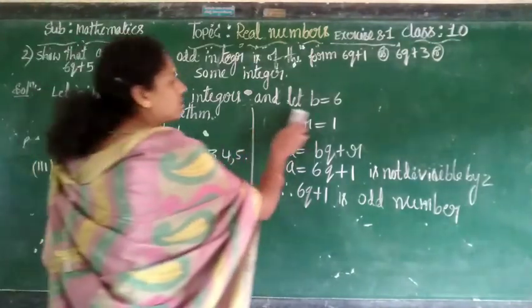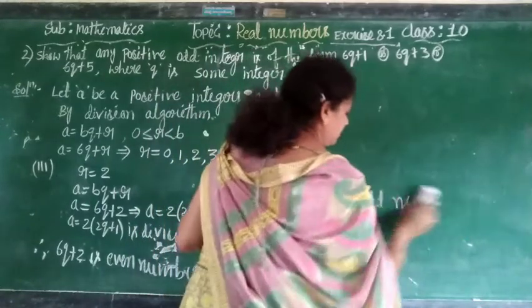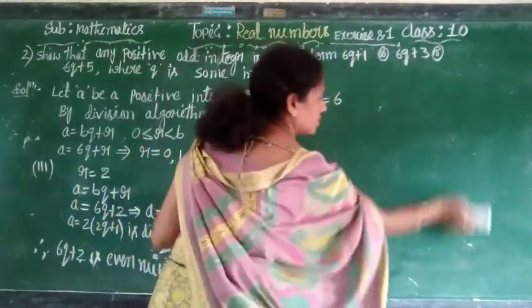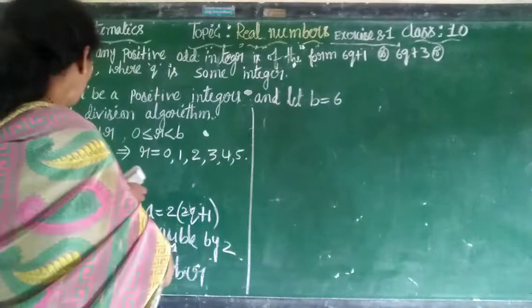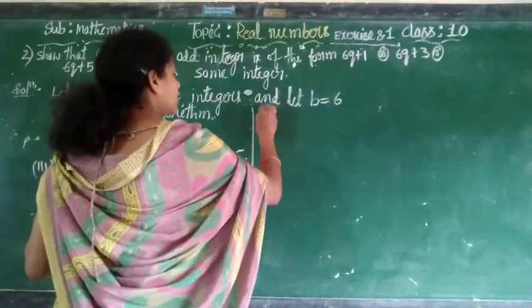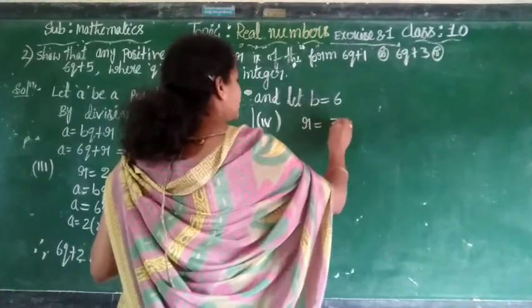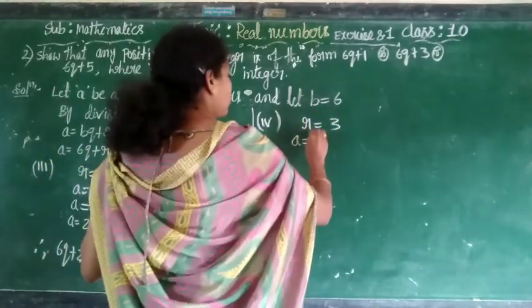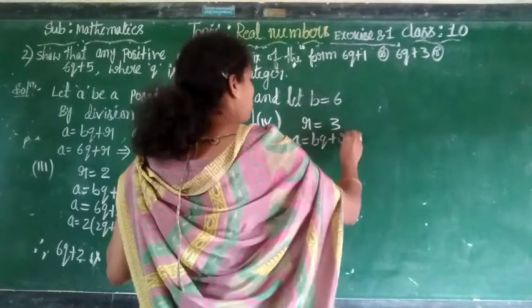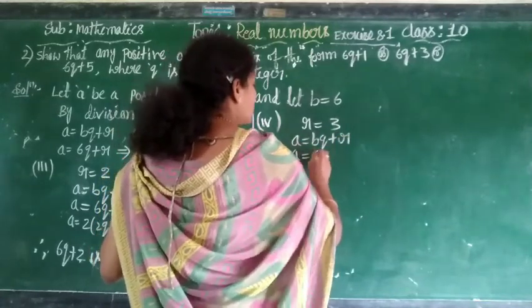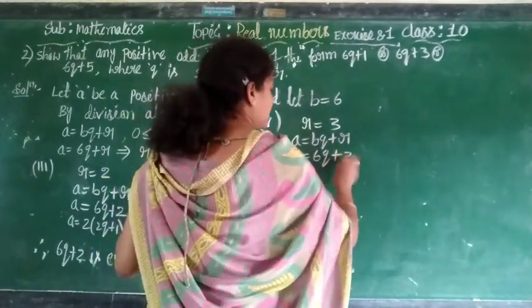So the fourth condition: if r is equal to 3, a is equal to bq plus r, a is equal to 6q plus 3.